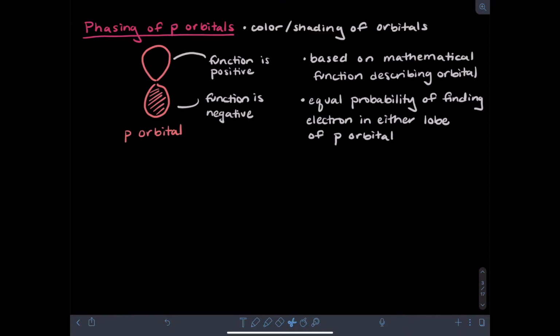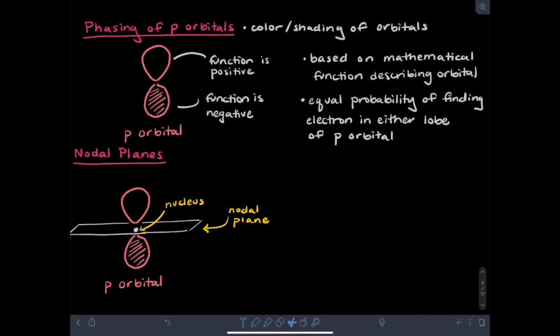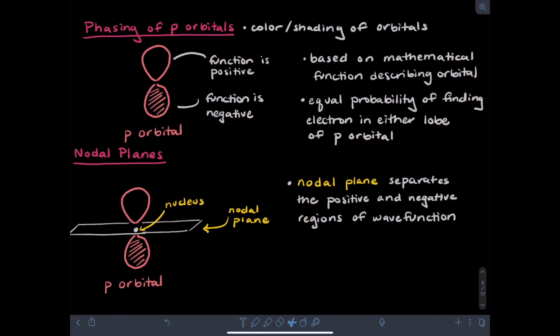And really importantly, you're equally likely to find an electron in either lobe of the p orbital. The nucleus of the atom is located in the middle of the p orbital, and the nucleus lies in what's known as a nodal plane. This plane separates the 2 lobes of the p orbital, meaning it separates the positive and negative regions of the mathematical function.